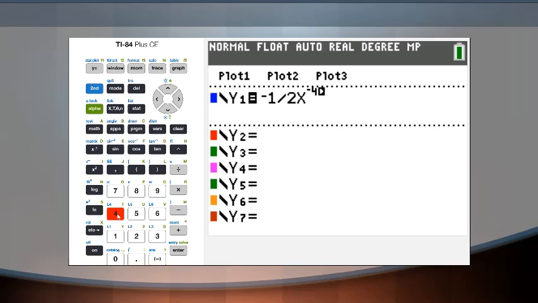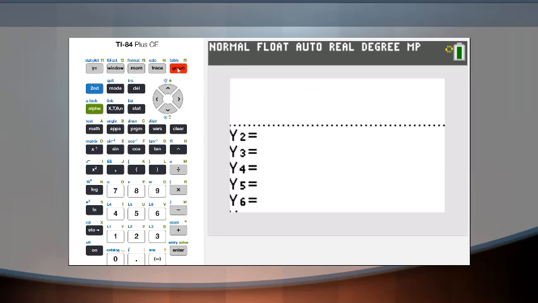Now this negative exponent is going to make this a reciprocal function. Of course, it's got a transformation with the negative 1/2 coefficient there. And we should know, if we've got a negative exponent, that we should see some infinite discontinuity. So let's graph this thing.